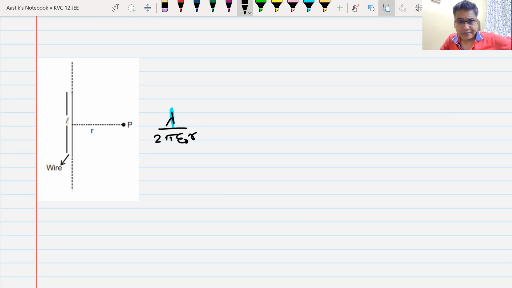Yes, sir. This will be the electric field due to an infinite wire. And if I ask you what the graph of this electric field will be like, here you have the graph of this electric field.